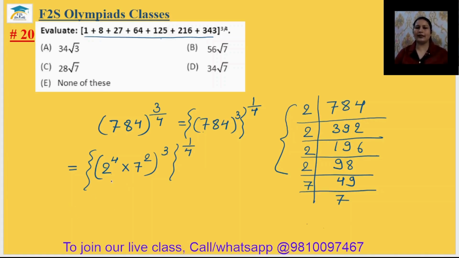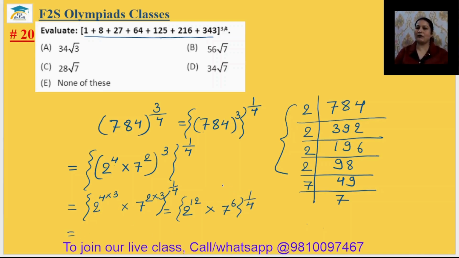Now we have written it like this. 2 to the power 4 multiplied by 3, 7 to the power 2 multiplied by 3. So this is 2 to the power 12 multiplied by 7 to the power 6, and whole power 1 by 4.